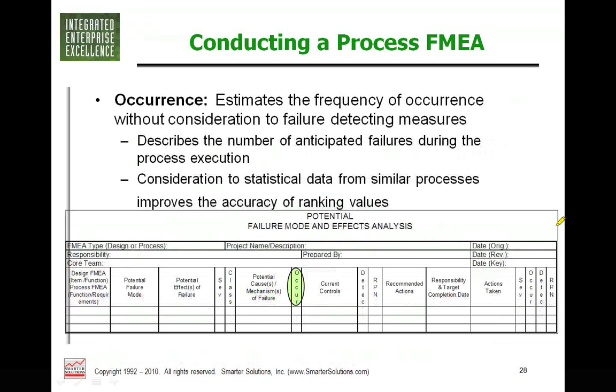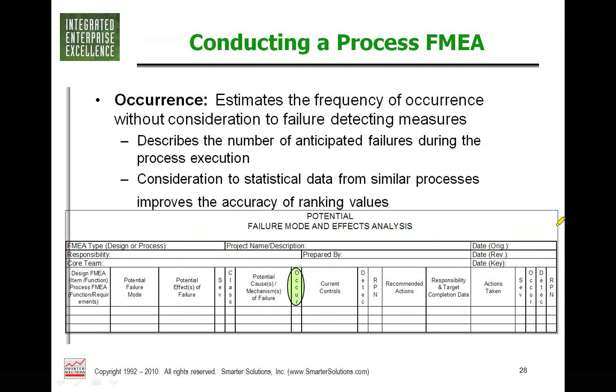Okay, now if we get to the occurrence column, again, that's on a scale of 1 to 10. We describe the number of anticipated failures during the process execution. So we'd like to have statistical data to help us with that, to look at the likelihood that we're going to have of this actually occurring.